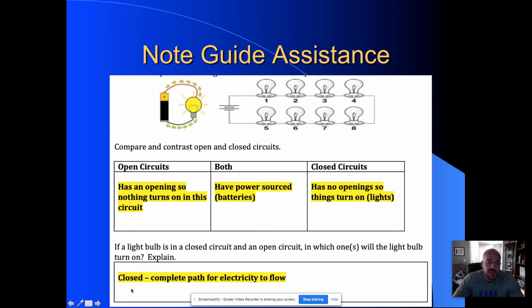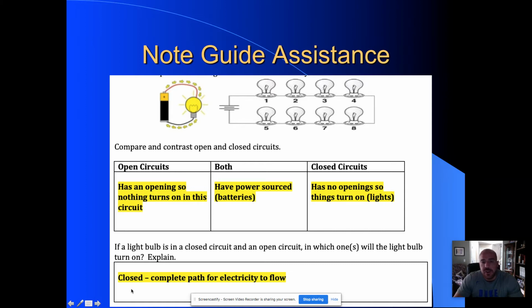And then that question down here, it said if a light bulb is in a closed circuit and an open circuit, which one will have light bulbs turn on? Well, slowly we're going to figure out it has to be closed because closed means it's a full path. If you're sitting in your room right now and your lights are off, your light switch can turn them on by closing the circuit.